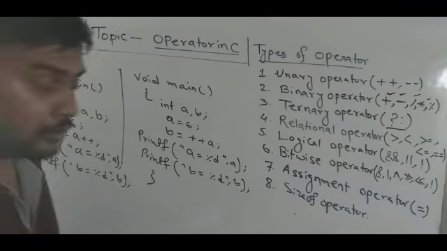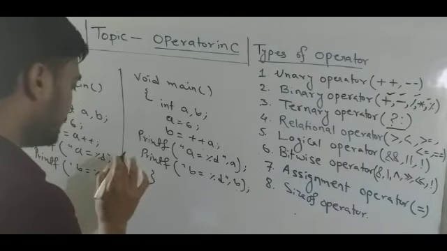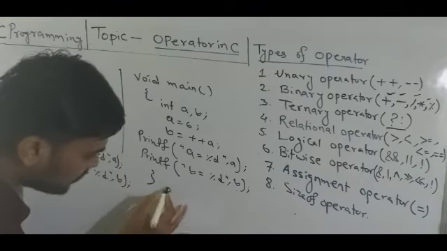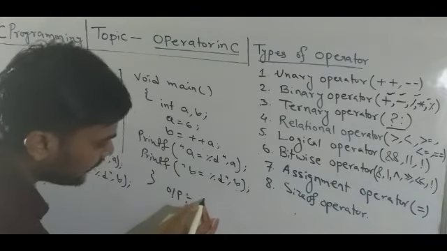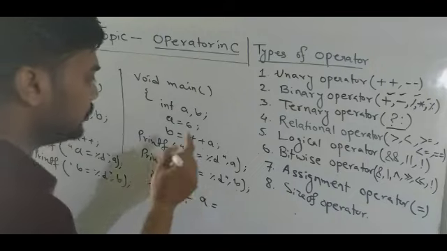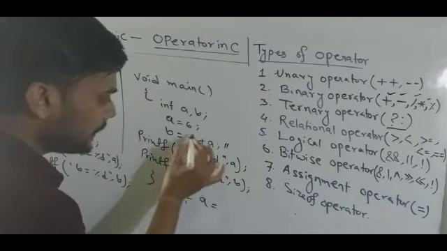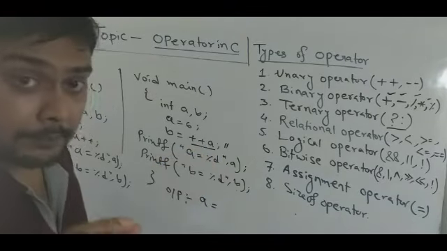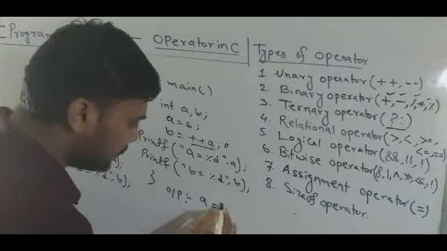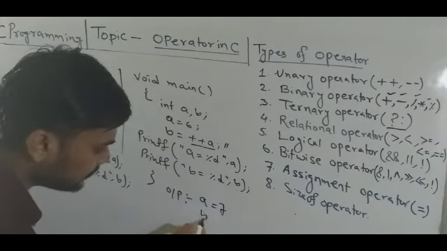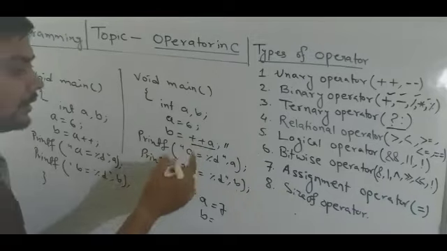If you execute the two programs, for the first program the a value will be incremented by 1 using the pre-increment. That's why 6 will be 7 and b will be plus plus a.